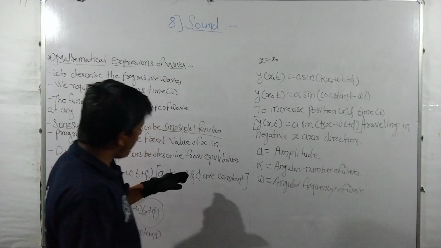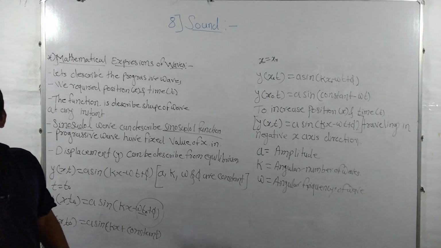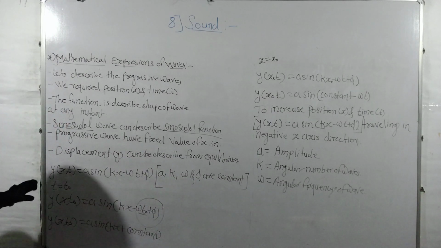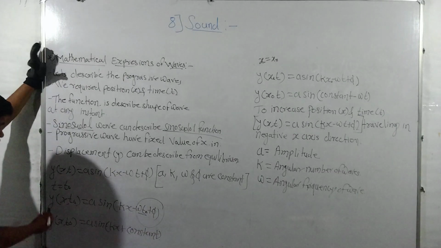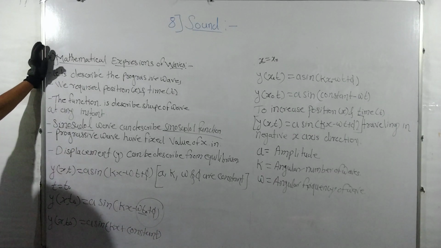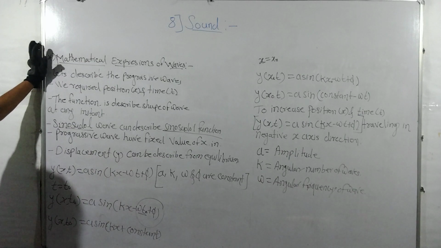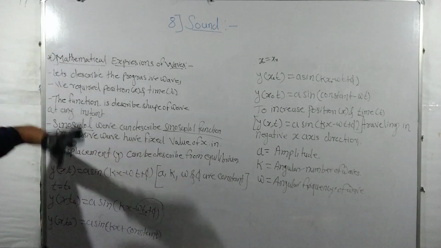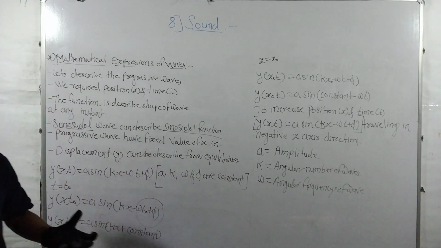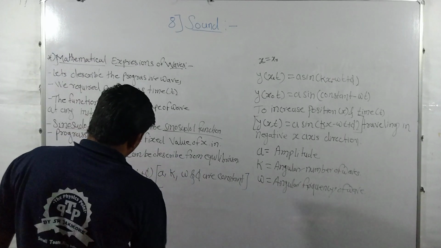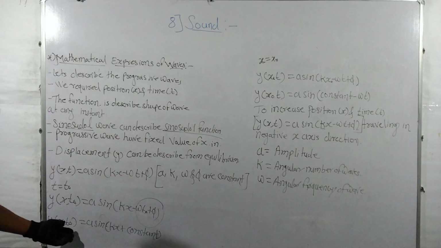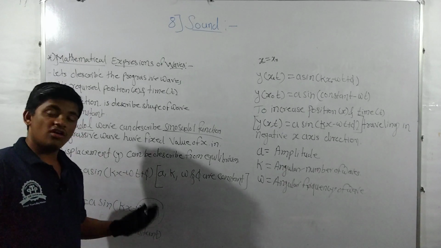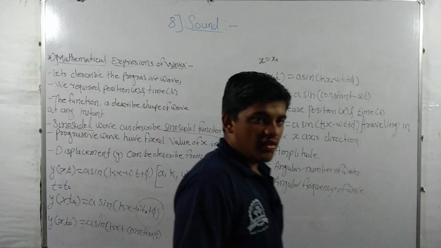A, k, omega and phi are all constants, and the given function varies in the form of x and t. Then we put t equal to t0, so y(x, t0) is equal to a sin(kx minus omega t0 plus phi). When we put t0 as a certain value, all the rest is constant, so y(x, t0) is equal to a sin kx plus a constant.